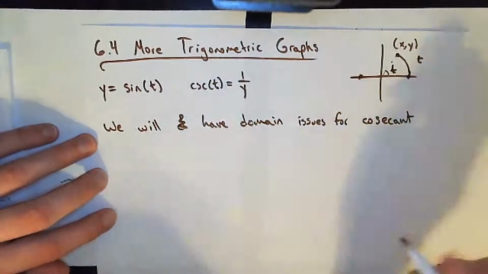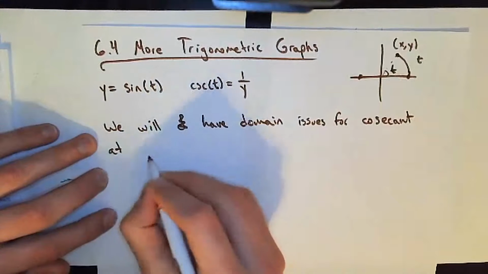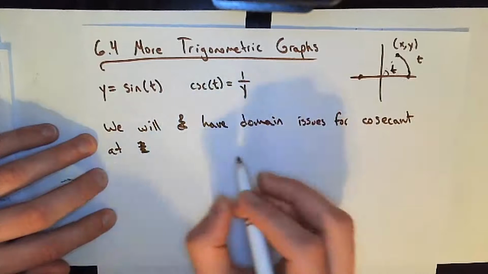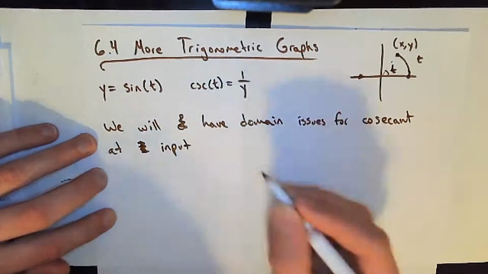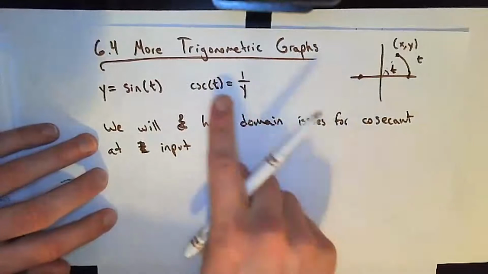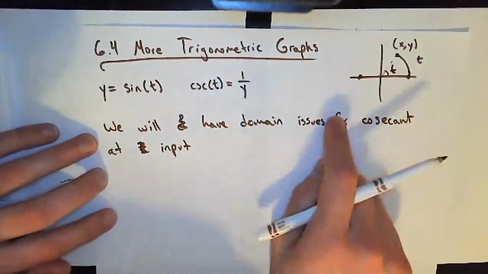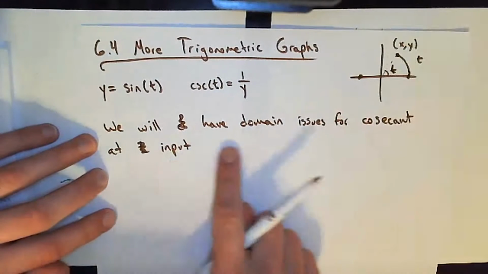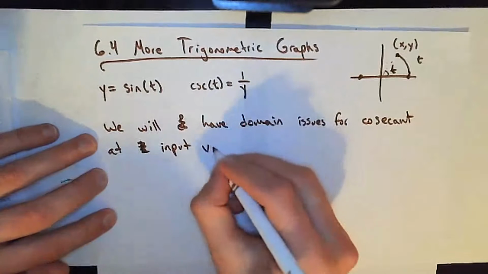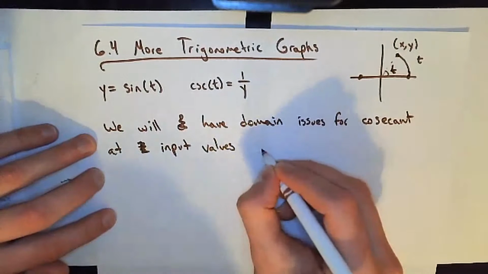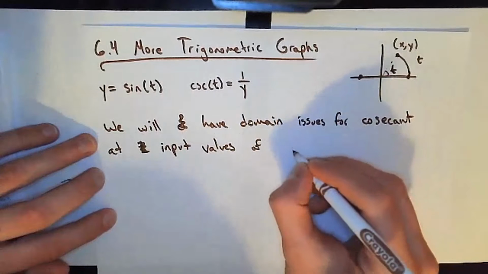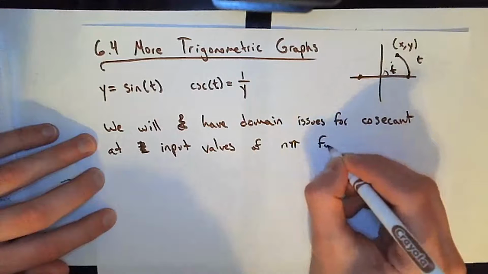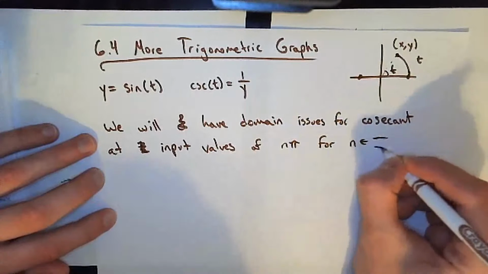Let's spell it out: cosecant has domain issues at input values, and I'll be a bit more vague here, because we're going to go back to what the book wants to do and put x for domain, which is super confusing because it's not that x on the unit circle. We'll have domain issues at input values of n pi for n in the integers.